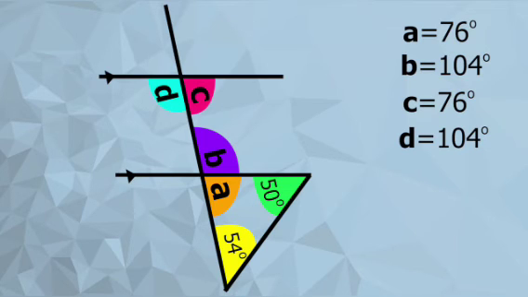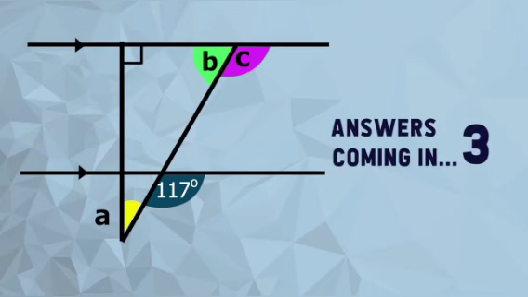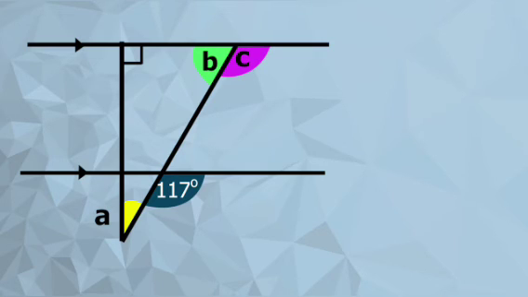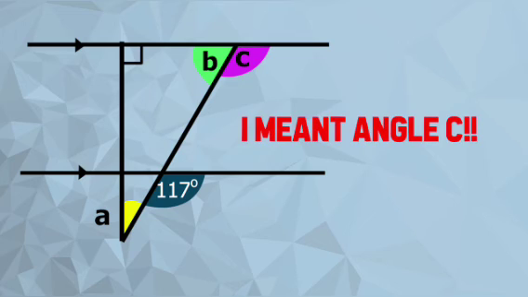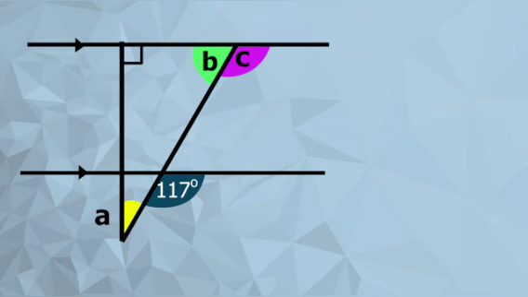Now, let's look at one more question before we take an example on quadrilateral. In this question, you're asked to look for A, B, and C. You must have noticed that angle C is corresponding to 117 degrees. Therefore, angle C is equal to 117 degrees.